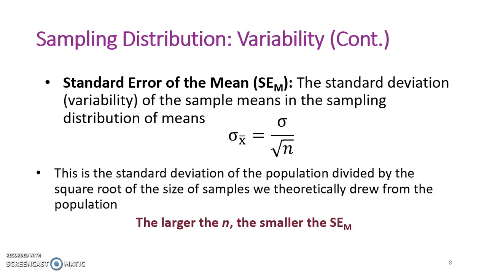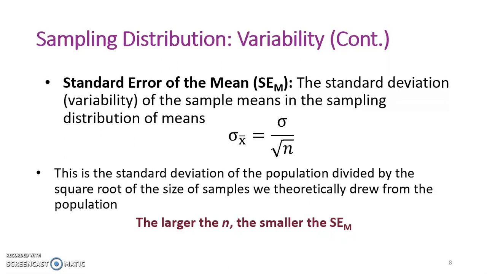We already talked about standard deviations of a distribution of a sample's raw scores, so this shouldn't be a totally foreign concept. We're now just talking about means rather than raw scores in a sampling distribution. That's why we have the X bar subscript on the sigma, which symbolizes standard deviation here, to differentiate this standard deviation of means from standard deviations computed on scores in a single population distribution.